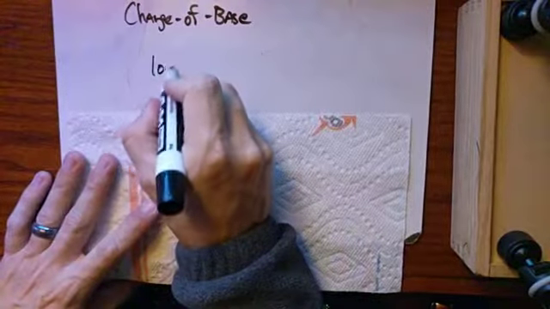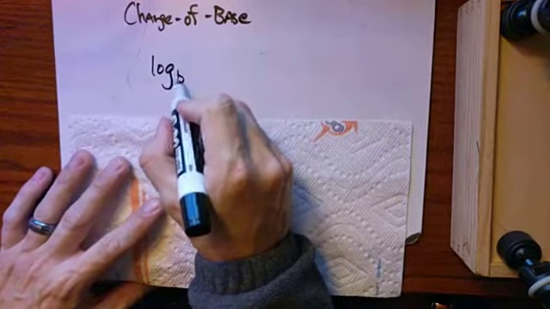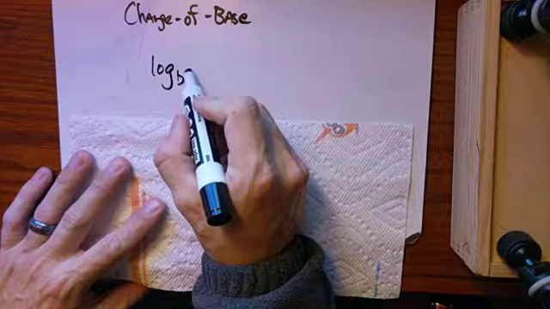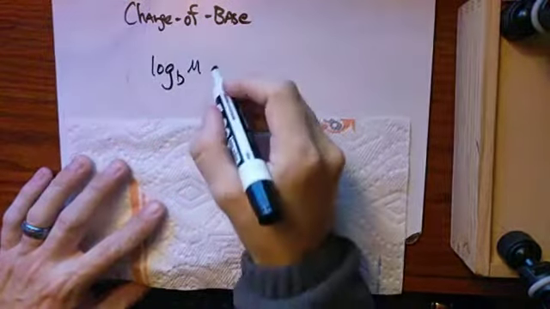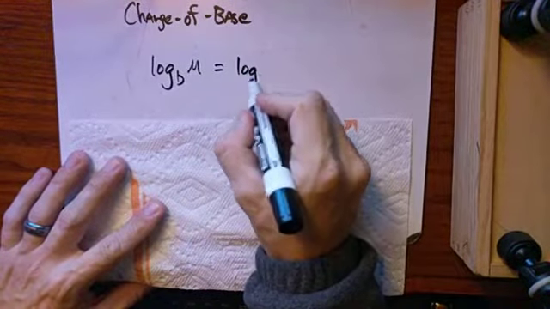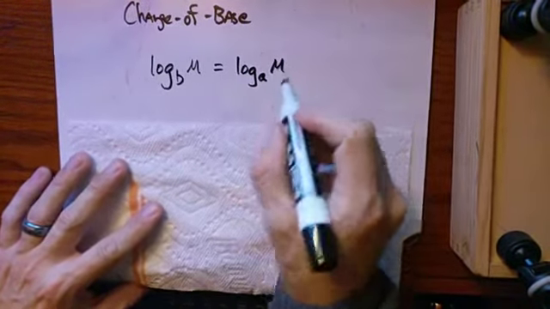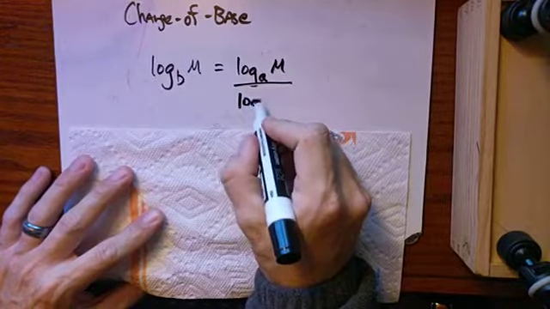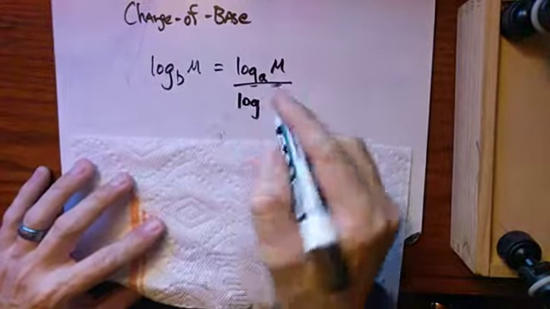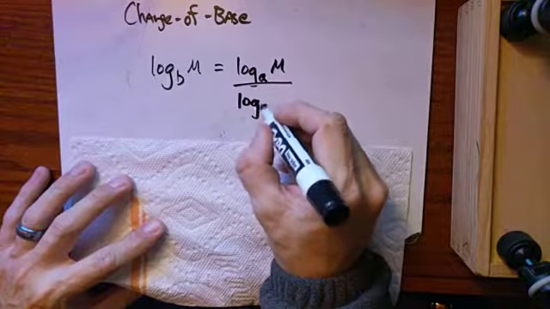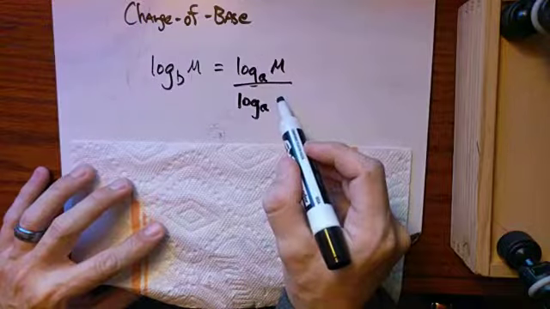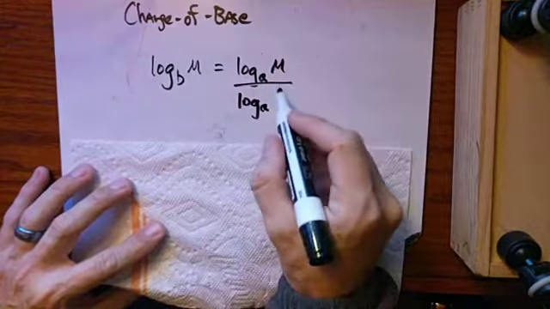If you have a logarithm with any base of any argument, I'll call this big M, then you can change the base to whatever you want, as long as you divide with a new logarithm that has your new base, and the argument of this new logarithm is the base of the old one.